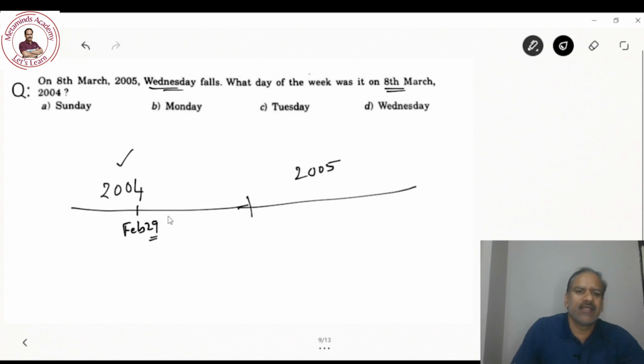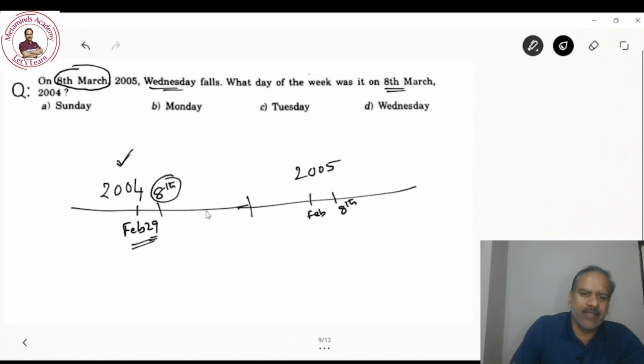So now the given date is 8th March. 8th March falls after Feb 29th. Here also it is 8th March. Suppose this is Feb, 8th March falls after February.